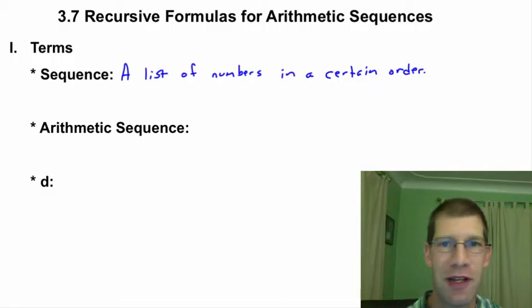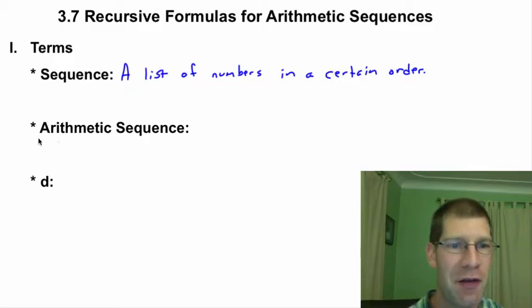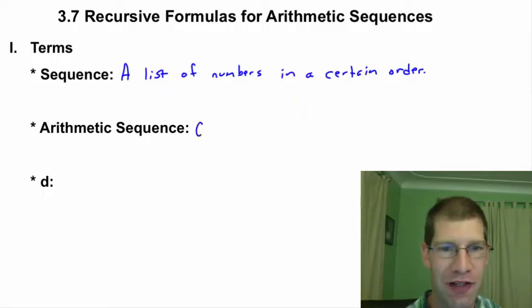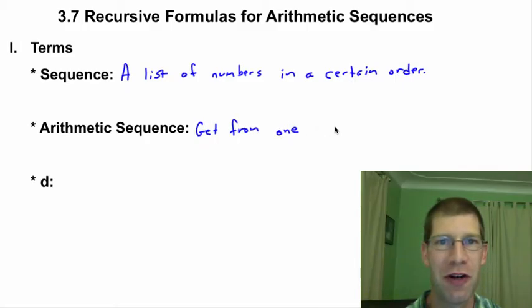And at that time you could get from one number to the next in a myriad of different ways. Now that we have an arithmetic sequence, you know that you have to get from one term to the next by adding or subtracting, because subtracting is just adding a negative number. Instead of saying one number to the next, we call them all terms.